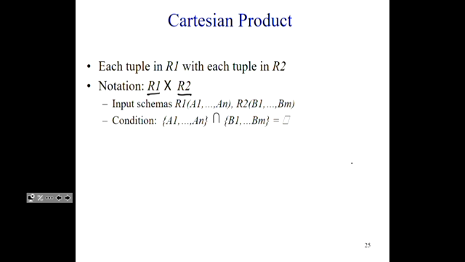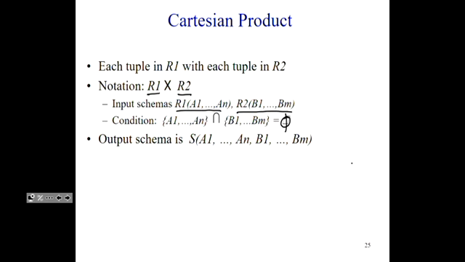Let's say the input schemas for R1 are A1 through AN, for R2 are B1 through BM. For now, let's assume that the intersection of A1 through AN and B1 through BM is the empty set, okay? So how do I represent the output of this Cartesian product? The output schema would basically be A1 through AN followed by B1 through BM, so it's just a list of all the attributes.